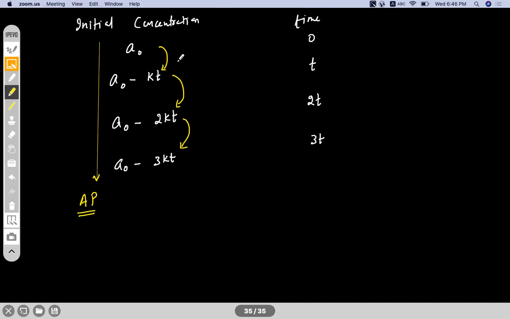Can we say that? Yes, sir. Right. So we can say the concentration of reactant for a zero order reaction, in equal time interval follows the pattern of AP.